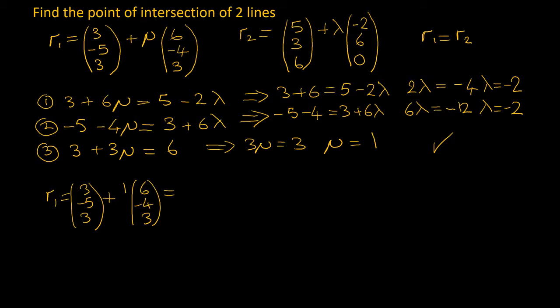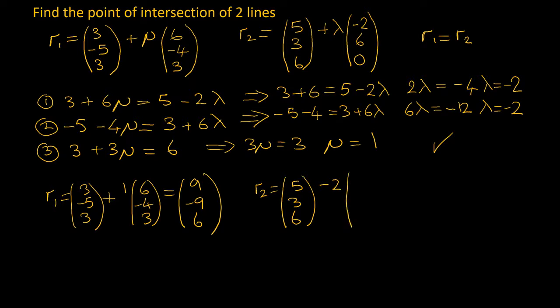So adding those together, 3 and 6 gives us 9, minus 5 minus 4 is minus 9, 3 and 3 is 6. So now let's do the R2 one. So that gives us (5, 3, 6), minus 2, because we're replacing the lambda, minus 2, times (6, 0).